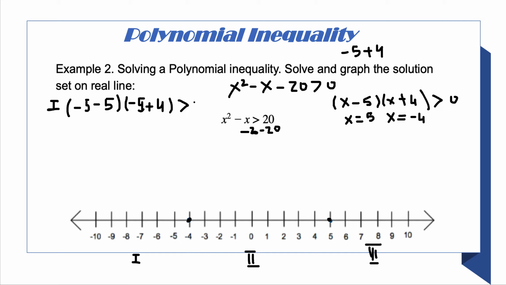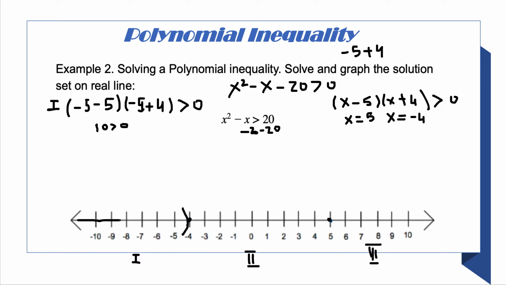Let's see, does it satisfy this inequality? This is minus 10, and here minus 5 plus 4 is minus 1. Minus 10 times minus 1 is positive 10, so this is greater than 0. So this is part of the solution. If this is part of the solution, then I write a parenthesis here, and the solution goes this way.